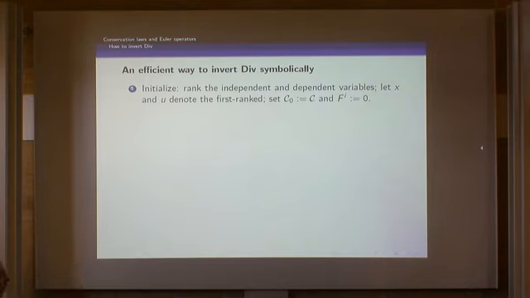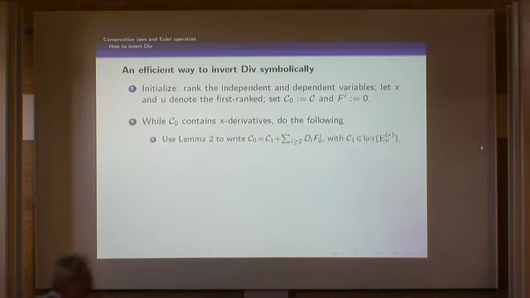You start off by letting C0 be C and setting the f's to 0. And what we're going to do is transfer stuff from C0 into f at each stage until we run out of things in C0. So, now we get going. For as long as C0 contains x derivatives, do the following. Use lemma 2 to write C0 as something plus those extra bits that we found by using lemma 2, by that inversion.